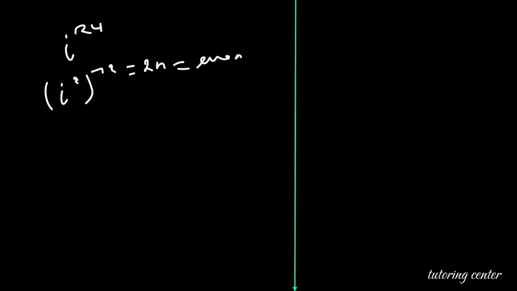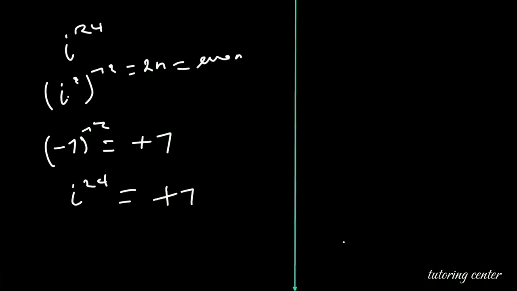It therefore means that negative 1, which is i squared, to the power an even number, which is 12, is equal to a positive 1. It therefore means i to the power 24 is equal to positive 1.